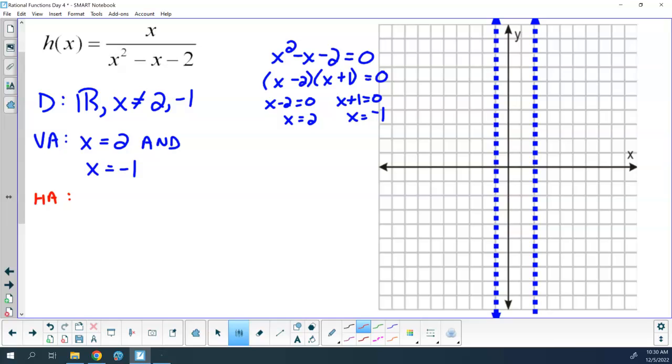Okay. Horizontal asymptote would be step number 2. Y equals 0. Degree on top is 1. Degree on the bottom is 2. Small over big is y equals 0. Y-intercept is next.